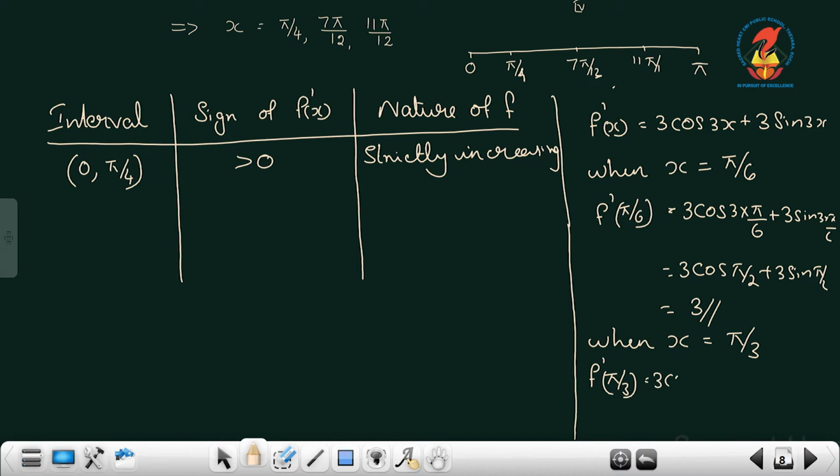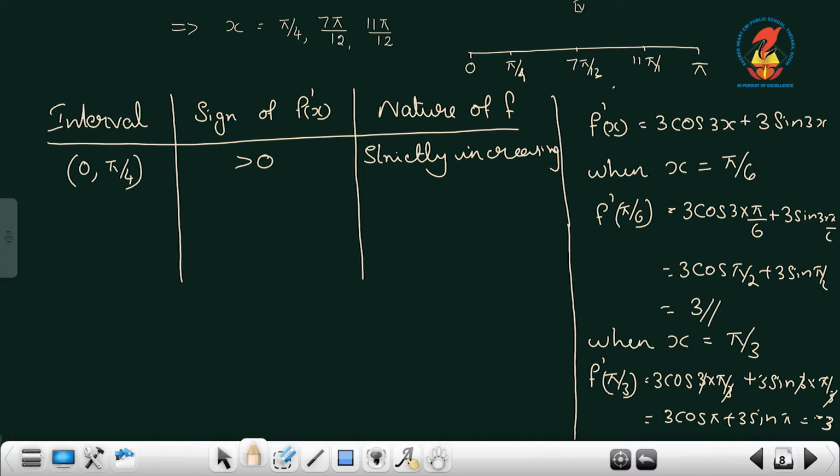That is 3 cos 3 into pi by 3, this cancels, plus 3 sin 3 into pi by 3, cancel. So 3 cos pi plus 3 sin pi. Sin 180 is 0, cos 180 is minus 1. So it is minus 3.